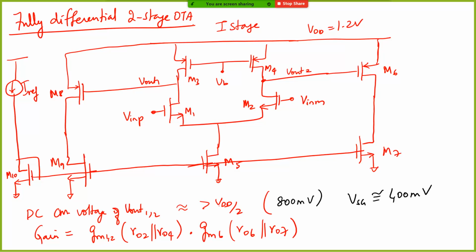Now, how do we make sure, or how do we improve the symmetricity? Okay. So in many of the differential amplifier layouts, this kind of comes down to layout. So the layout is done, again, in the common centroid way. So let's just talk a little bit about layout. Okay.